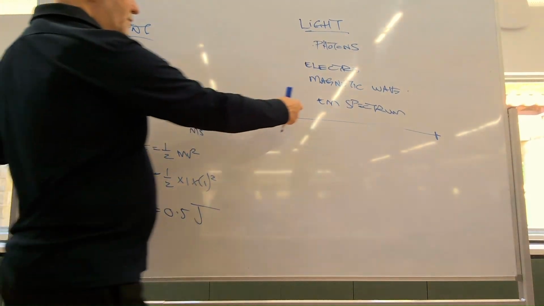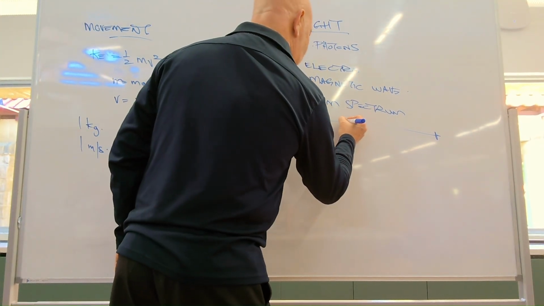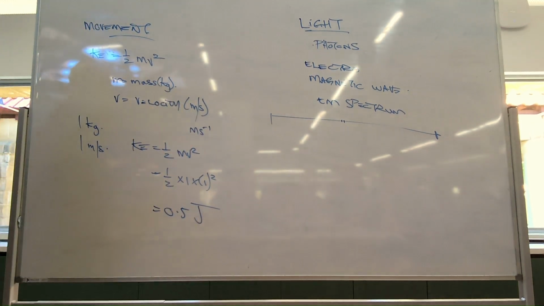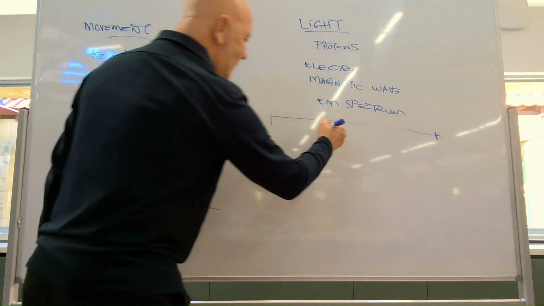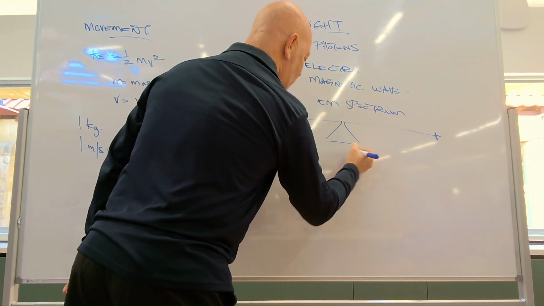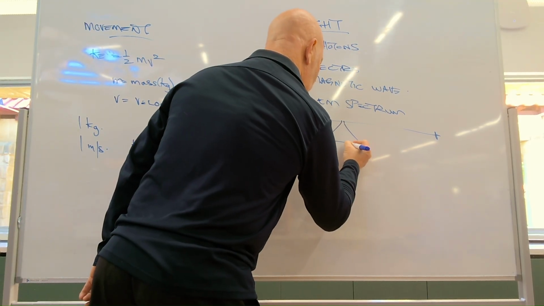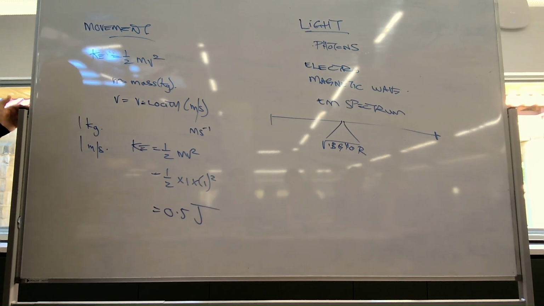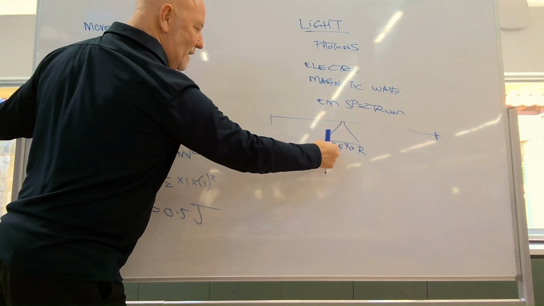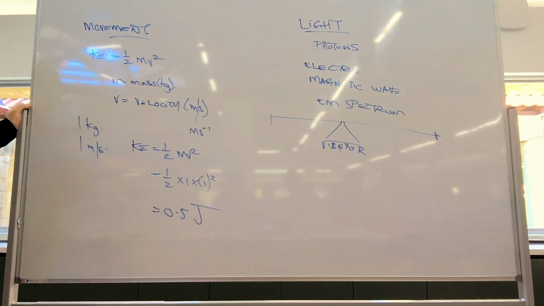We can only see a very small part of the EM spectrum. What we see as colours fit in there. So it becomes ROY G BIV: red, orange, yellow, green, blue, indigo, violet.